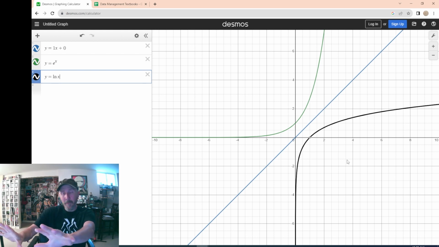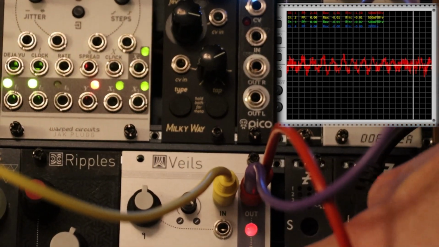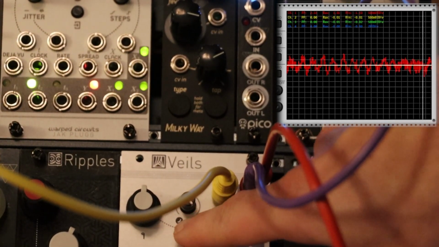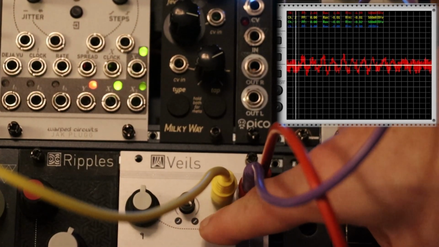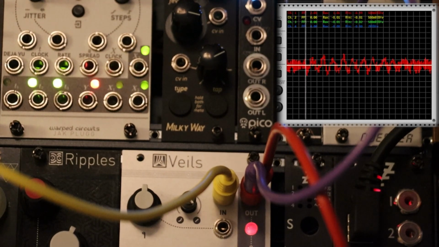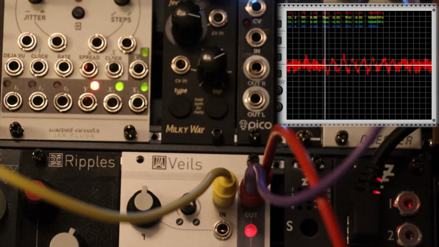That is a background basis for what we're going to see over here on the modular. This is Veils, another quad VCA, and what you might be able to see right at the top there is it's got those same exponential and linear markings. So let's see what these are doing.